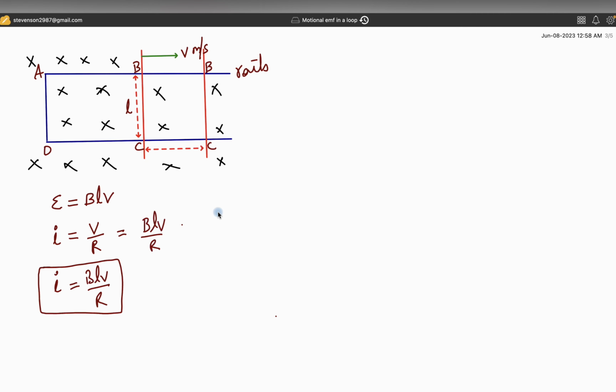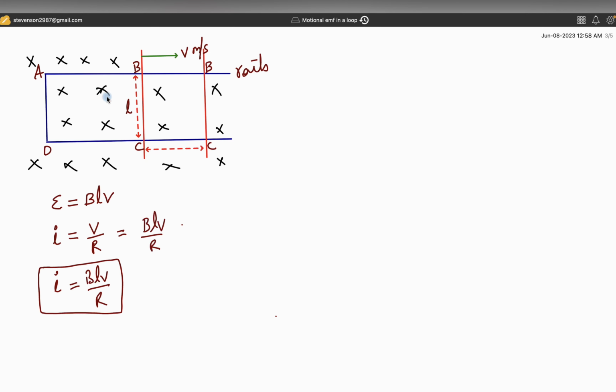As per Lenz's law, when induced EMF is developed, that induced EMF produces some induced current, and that induced current should oppose whatever change is creating this induced current. So what change is creating this induced current? The increasing magnetic field which is going into the page.